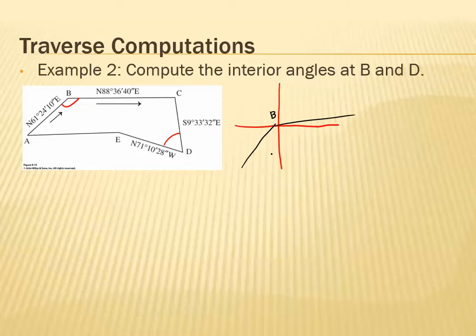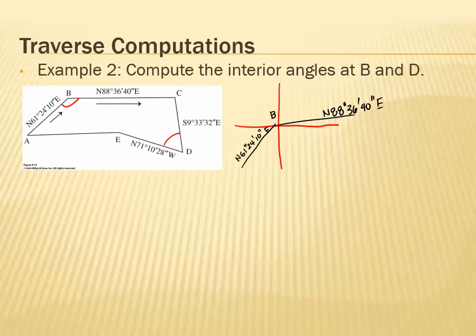Okay, so we know that this line is north 61 degrees, 24 minutes, 10 seconds east. Okay, great. And we know that this line is north 88 degrees, 36 minutes, 40 seconds east.